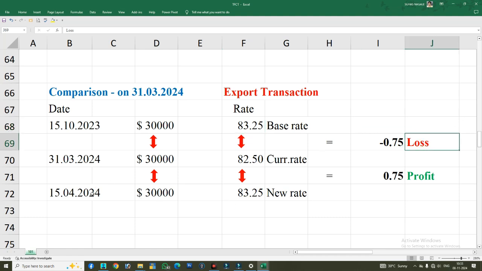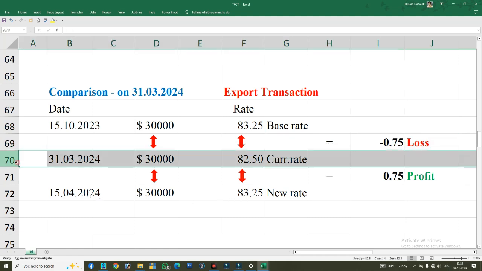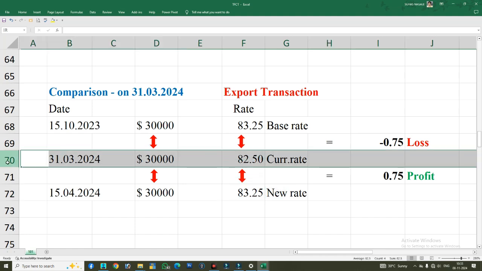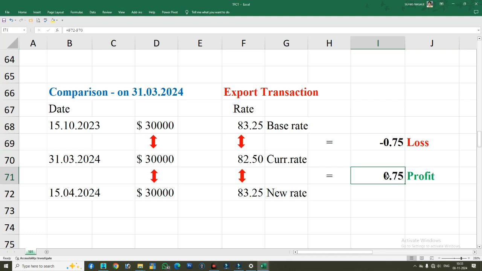And next time, in the new financial year, comparison between closing rate 82.50 and the rate on 15th April 2024, which is 83.25. It means in the next year, for the next transaction, we have to consider the base rate 82.50, and after comparison with the closing rate and new rate, there will be profit.